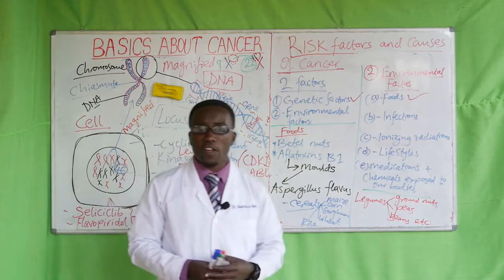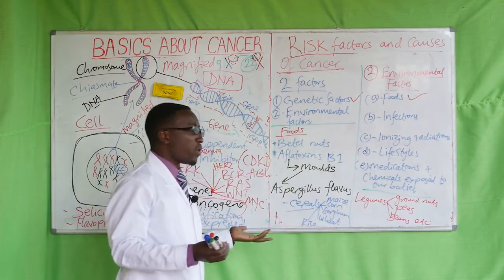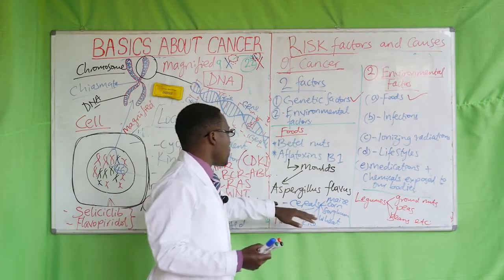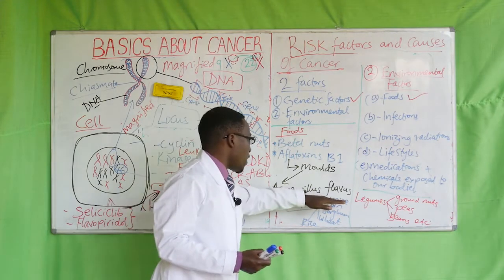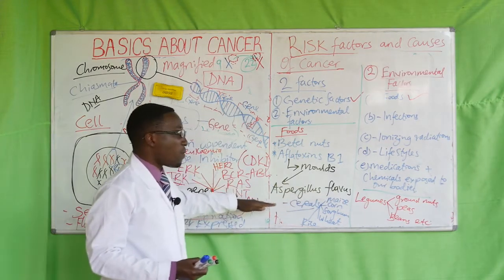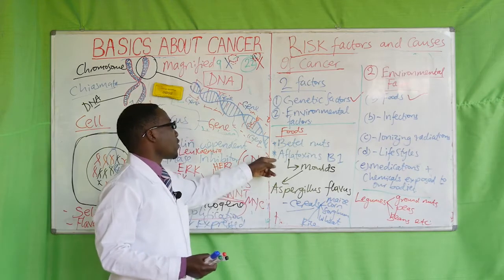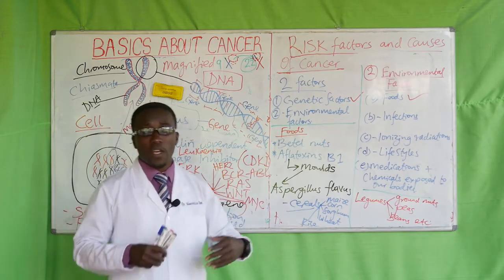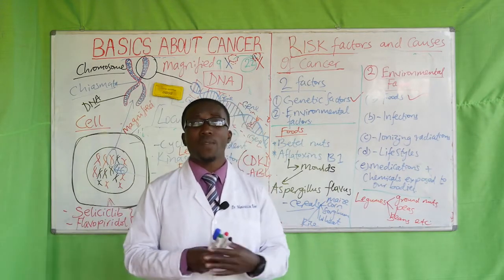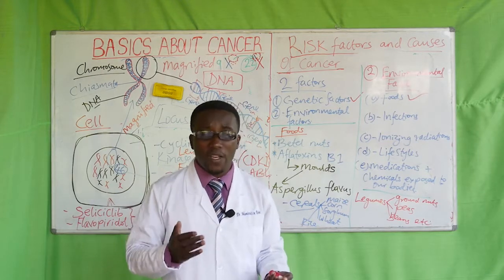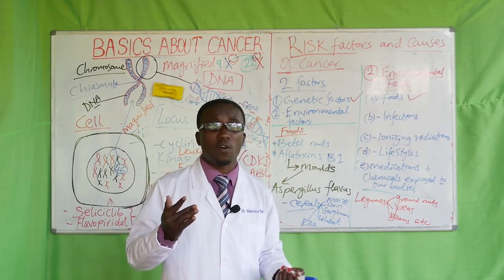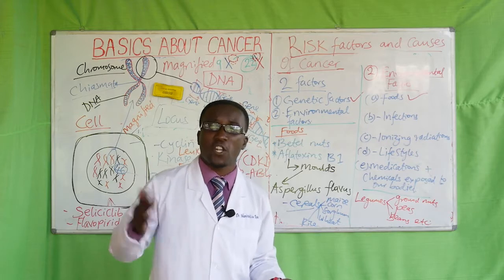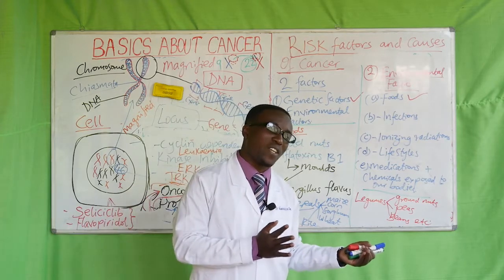And eventually, when we start consuming them, of course, before that, we see the Aspergillus flavus molds growing as they colonize them, like the way we see bread. When bread surpasses its shelf life, you know what happens to that kind of bread.